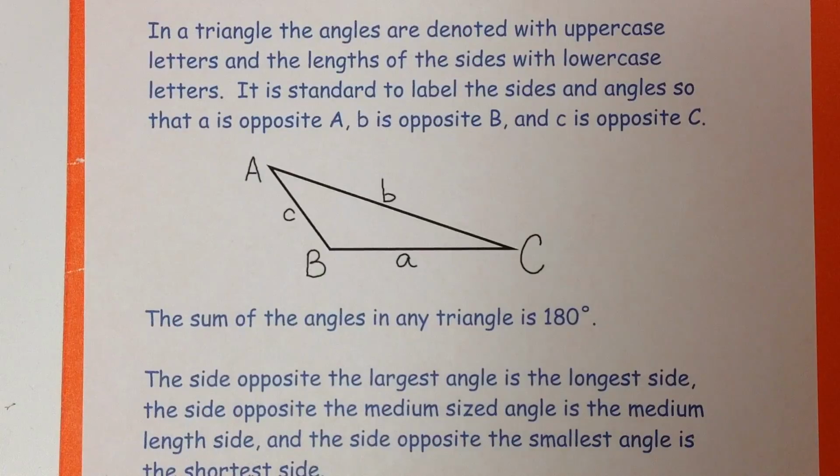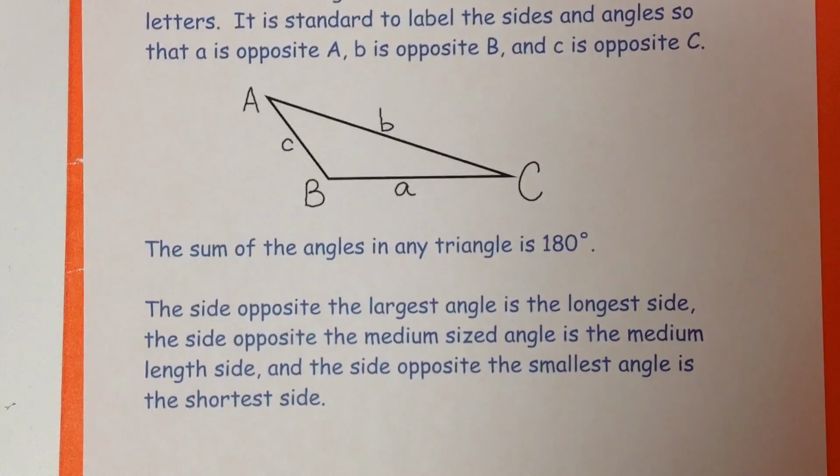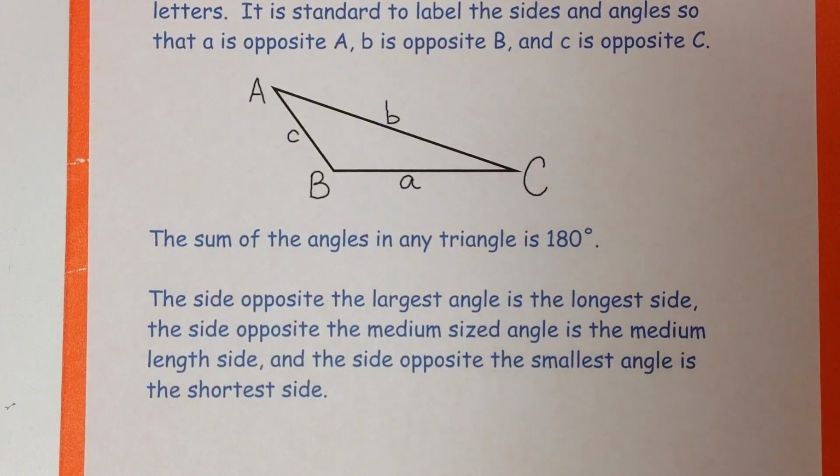Okay, just another reminder here that in a triangle, if you add your three angles up, the sum of the angles is always 180 degrees. And another piece of information about triangles, if you take the side that's opposite the largest angle, that has to be the longest side. So largest angle, longest side have to be opposite from each other.